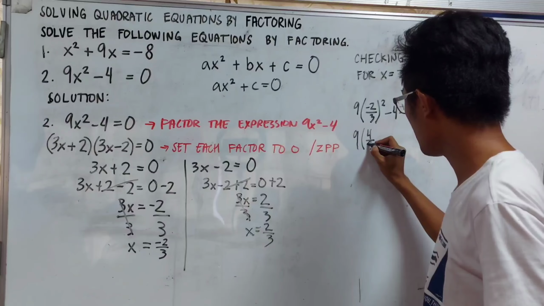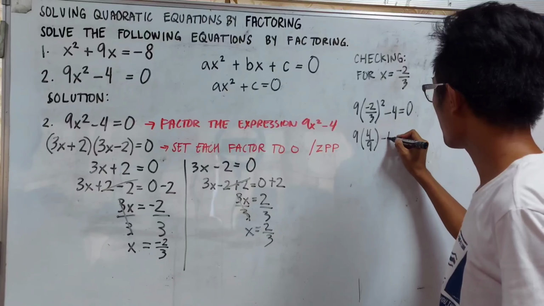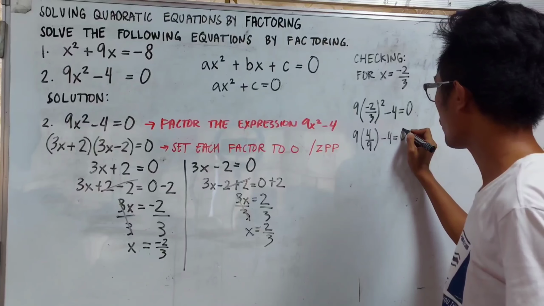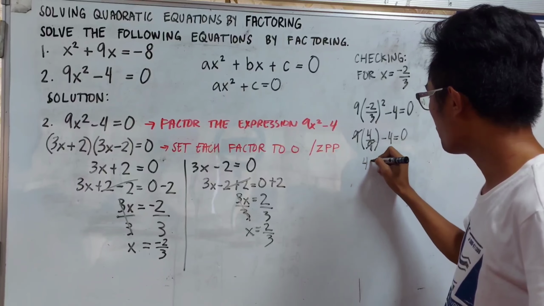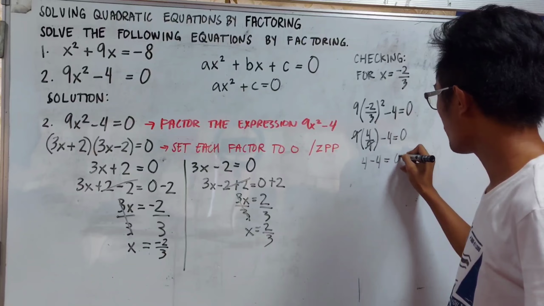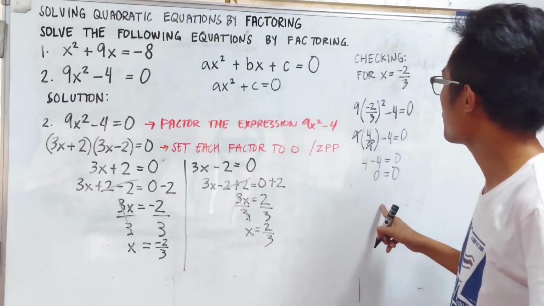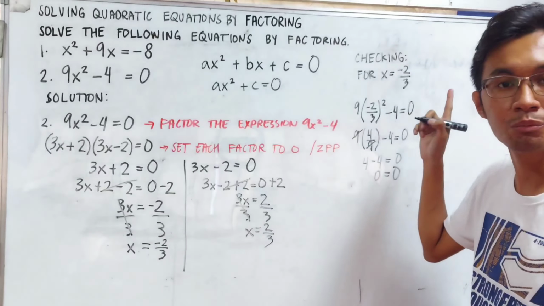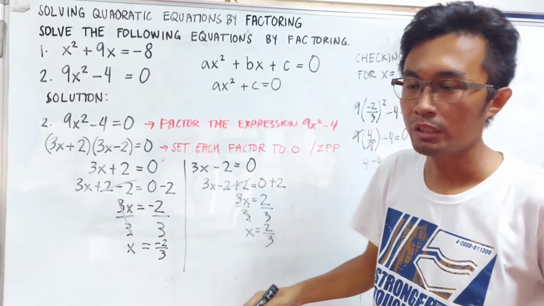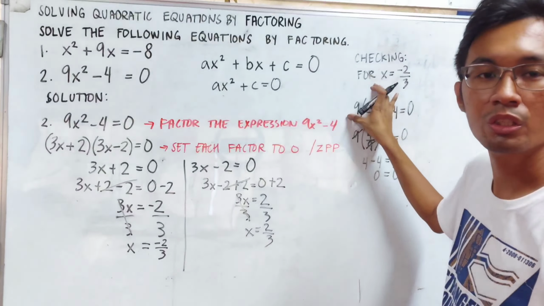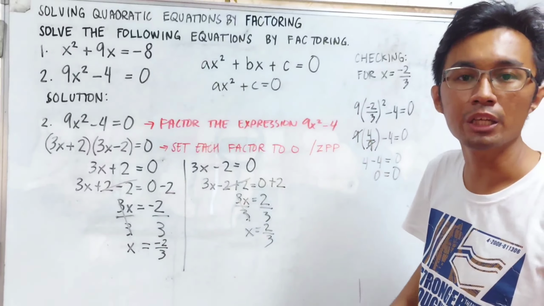We have 4 over 9 minus 4 equals 0. Then, cancel na to. We have 4 minus 4 equals 0. So, 0 equals 0. So, ibig sabihin, yung value ni x na negative 2 over 3 satisfy to the given equation. This is considered as root or solution of that quadratic equation.